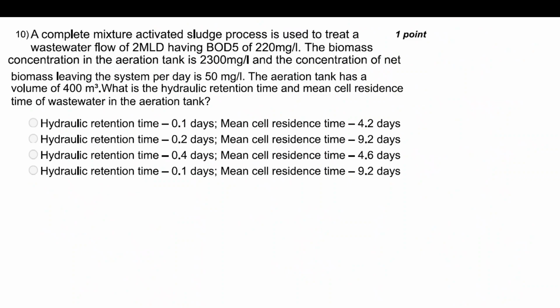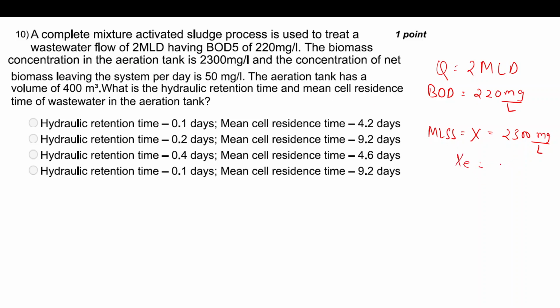A complete mixture activated sludge process is used to treat wastewater having flow rate Q equals 2 million liter per day and BOD of 220 milligram per liter. The biomass concentration in the aeration tank, MLSS, X, is 2300 milligram per liter, and the concentration of net biomass leaving, XE, in the exit is 50 milligram per liter.